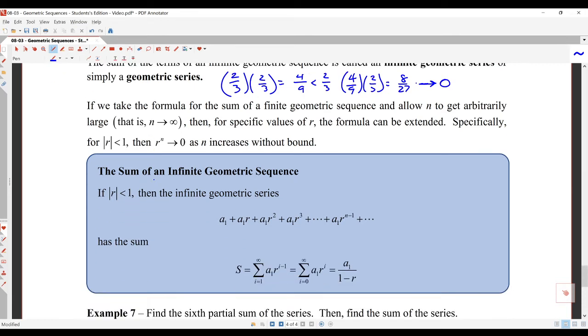So we have this idea that if you take the formula for the sum of a finite geometric sequence and allow n to get arbitrarily large, that is to say, n goes to infinity, then for specific values of r, that formula can be extended.